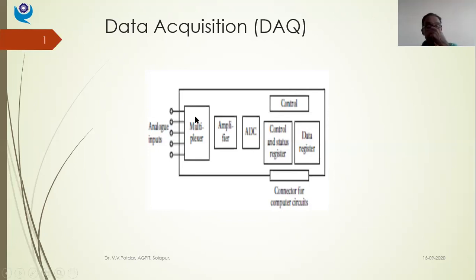Now, as we discussed in the last class, the multiplexer, in what way does it help? The multiplexer processes the signals one by one.